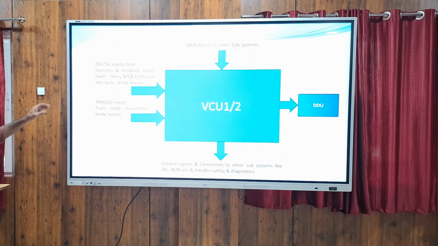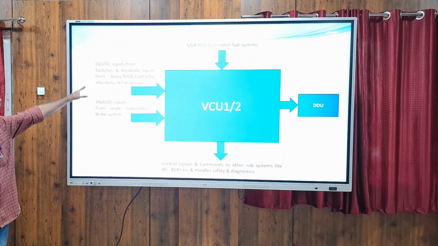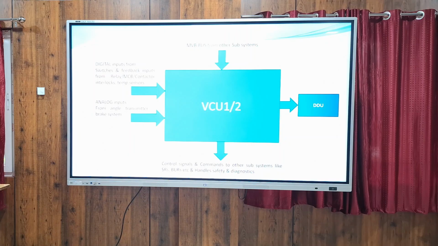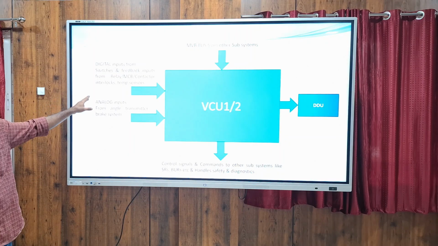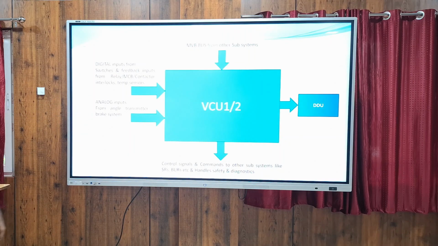So what it's doing is, VCU will take some input from various switches and feedback such as relay, MCB, contactor interlock and temperature sensor. Similarly, it will take some analog input from angle transmitter and brake system also, and it will take some decision based on the input and its program.